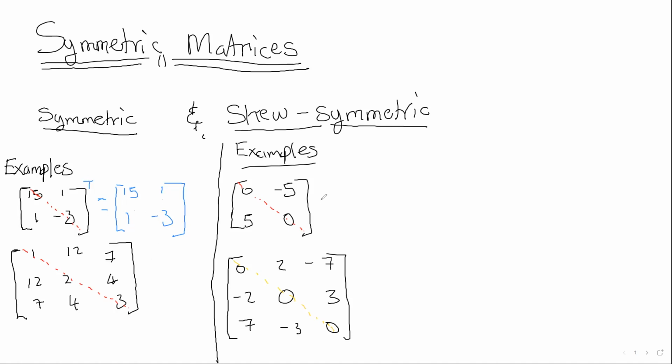And then if I do the same thing this side, I take the transpose, it's going to be 0 here, and it's going to be -5 here, right? Then I take the 5, 0 and make it a column, 5, 0.